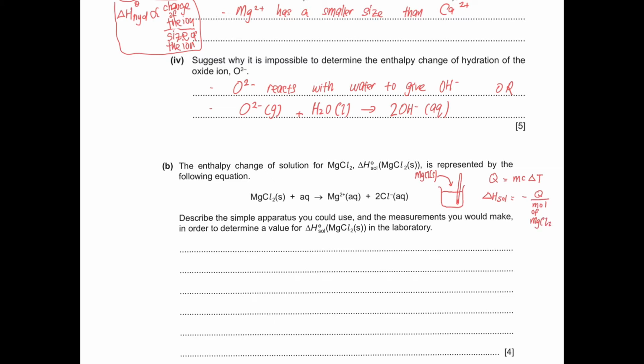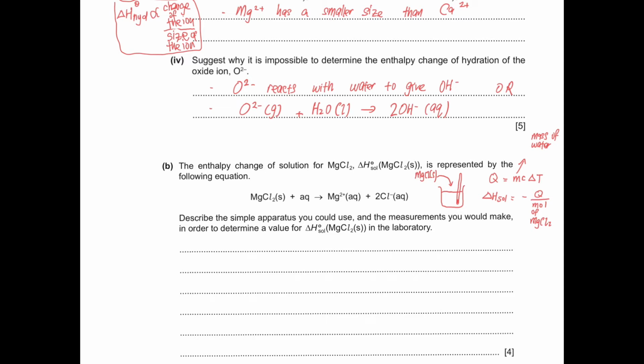Because the process is in this way, let's see what we should write for the answer. First of all, you need to know the m here. The m here is the mass of water. So we have to mention the water that you use.